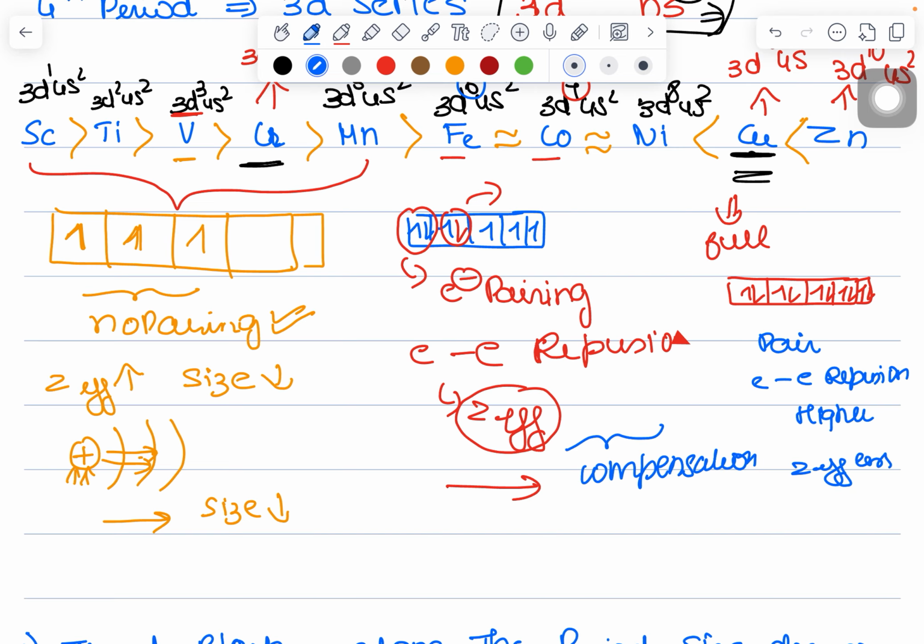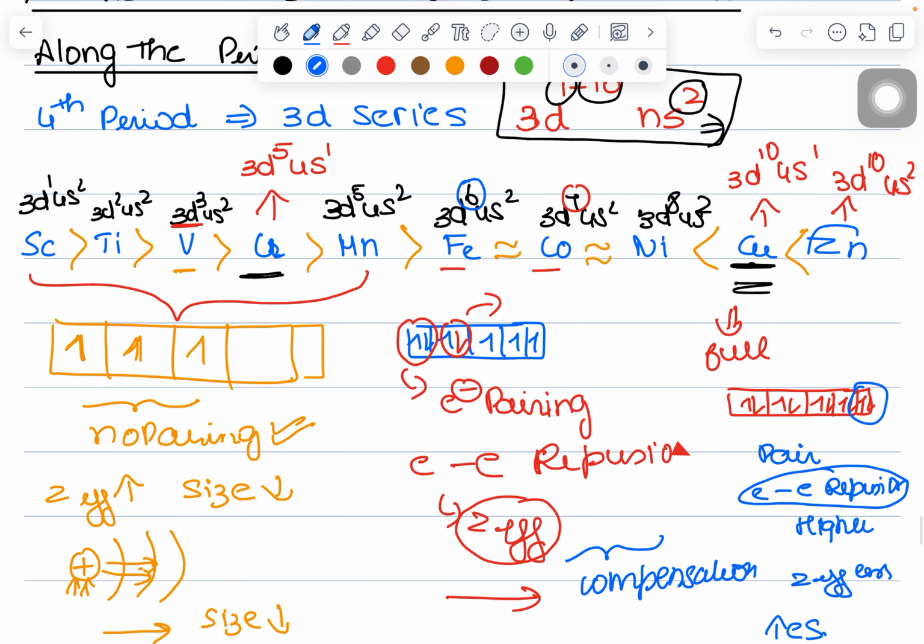The effective nuclear charge has no effect on the outermost electron, because electron repulsion is so high that the radius increases. Hope that is clear. If you have any queries, you can comment down in the comment section. Similarly for zinc, why is the atomic radius more? Because here 4s1 is there and here 4s2 is there. Again they have electron repulsion, which makes the size larger, and Z effective has no such effect on the outermost electron. Hope this is clear.